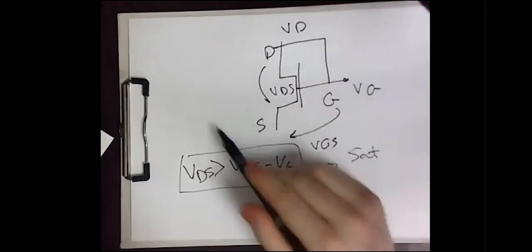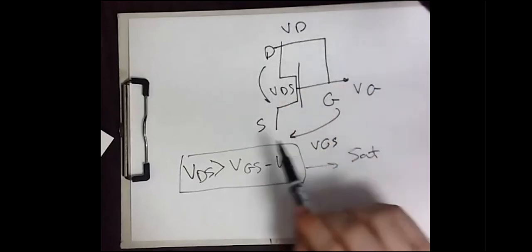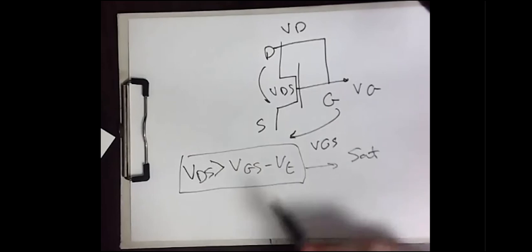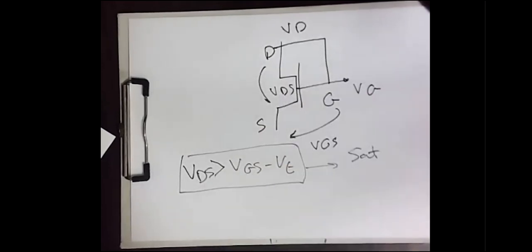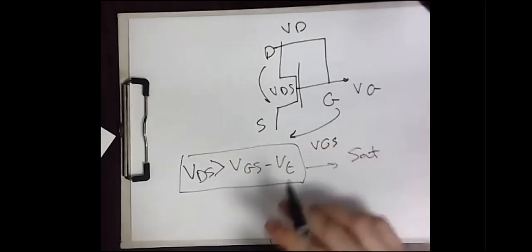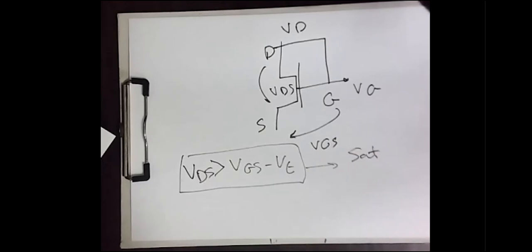So whenever you see a MOSFET connected in this manner, that typically means it is in saturation. You don't need to assume that it's in saturation, because it is forced into the saturation mode. So this is a very important tip related to the MOSFET.